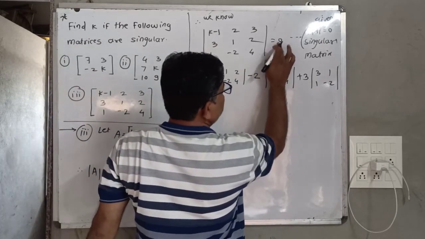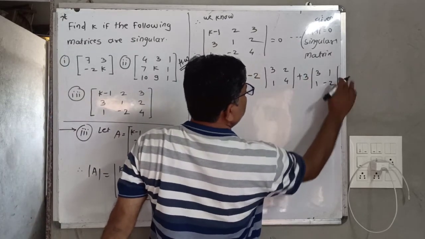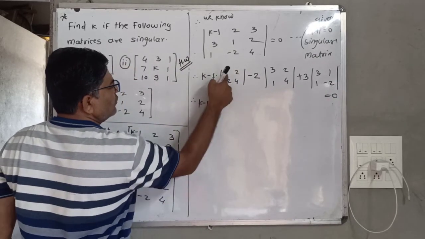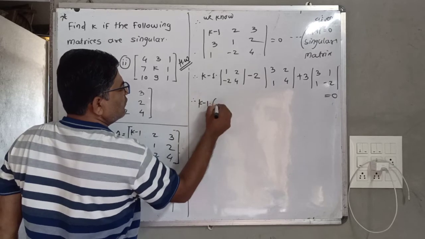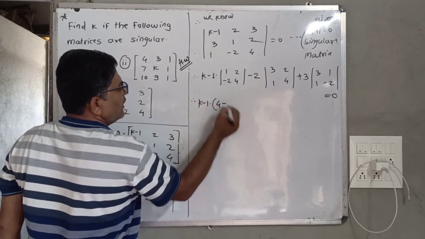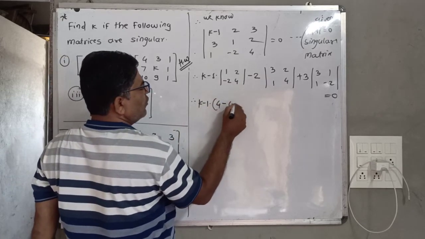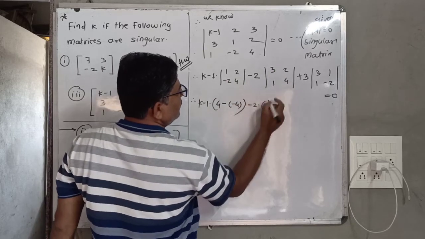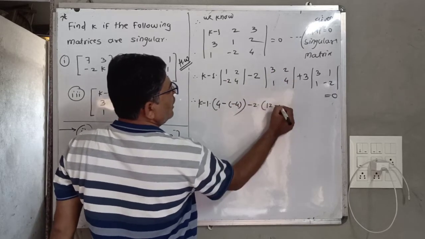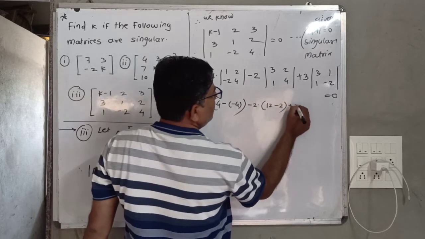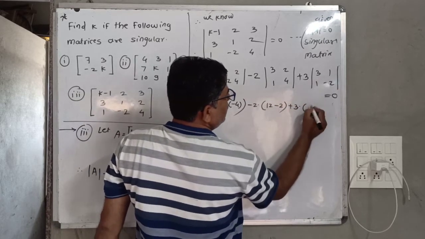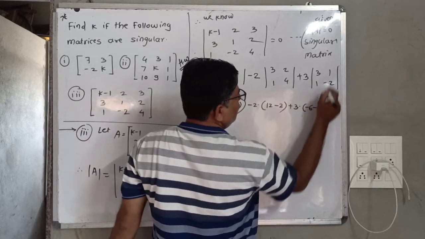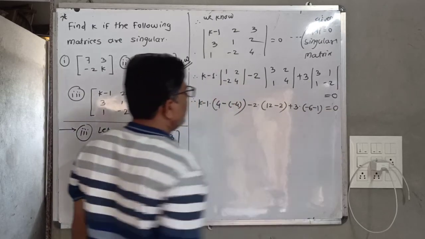And the other side is 0. Okay, k minus 1 into, solve this, 1 into 4 4, minus sign, 2 into 2 minus 4, minus 2 into 3 4s are 12, 1 2s are 2, plus 3 into 3 2s are 6, minus sign is available here, minus 1 1s are 1, equal to 0.